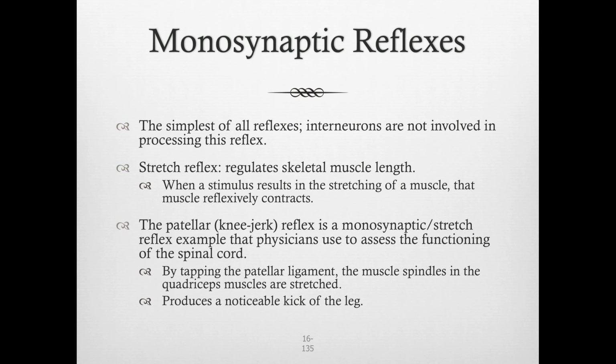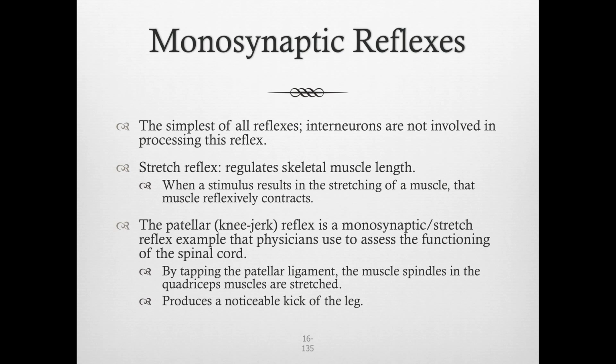So we're talking about a monosynaptic. Monosynaptic reflexes have clearly one synapse. Mono for one, synaptic for synapse. So this is a situation where you have a single sensory neuron and a single motor neuron, and there is no interneurons in between. So you have literally one synapse.